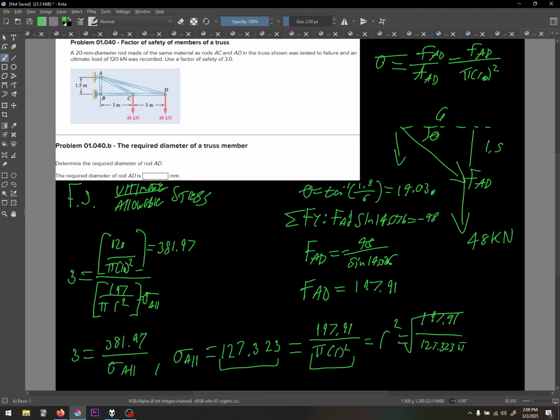Take the square root of both sides, and now r equals 197 over 127.323 pi.